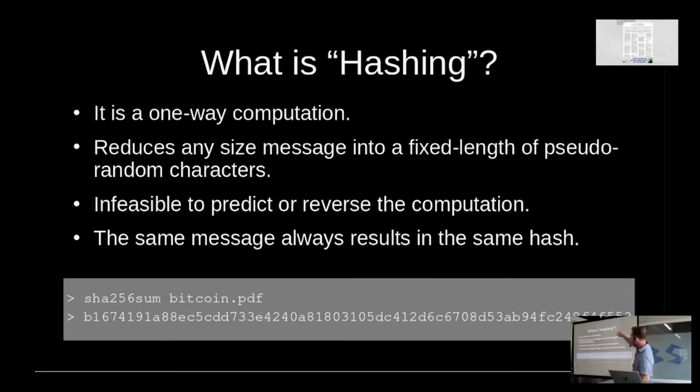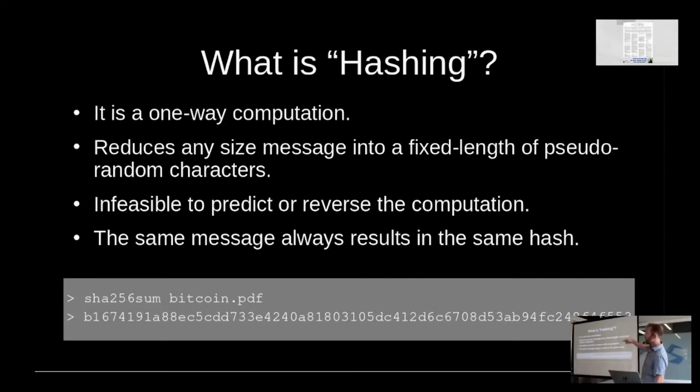But when we run it through this hashing function, this little computation will basically take the entire contents of the white paper and spit out this number. And you could do this too. If you did this on your own computer, we use SHA-256 as our hashing function. That's the name of the function. You would get the same exact number.